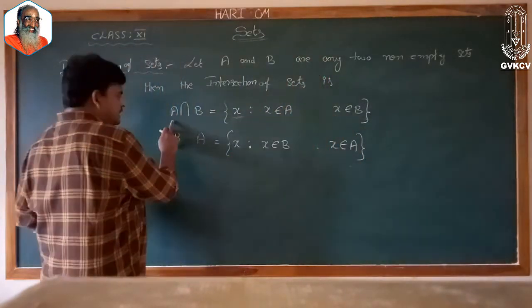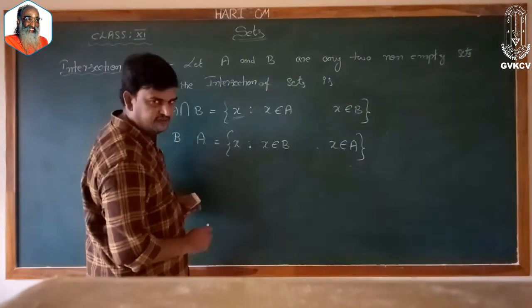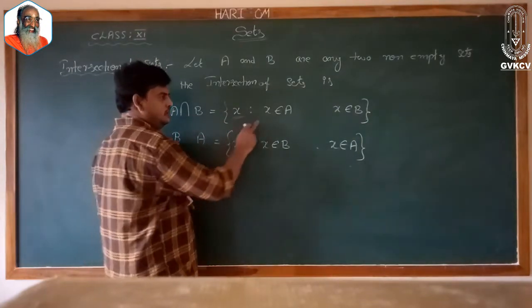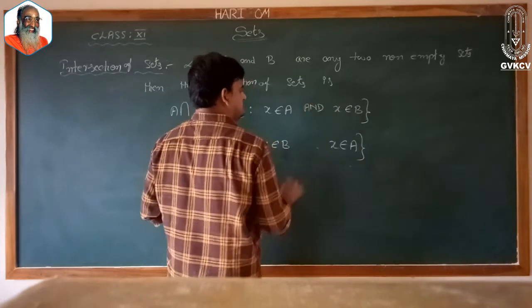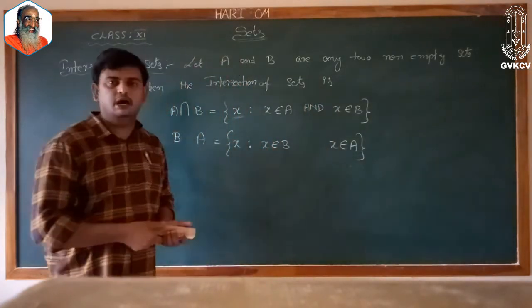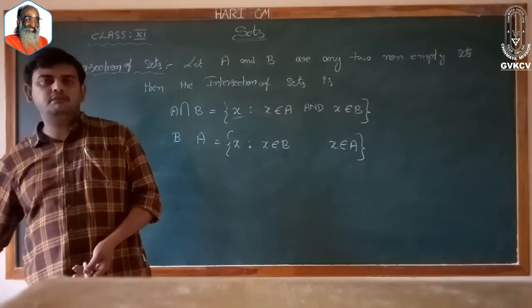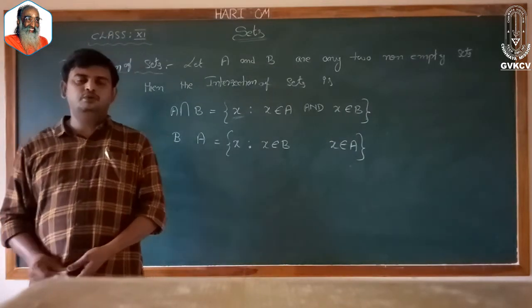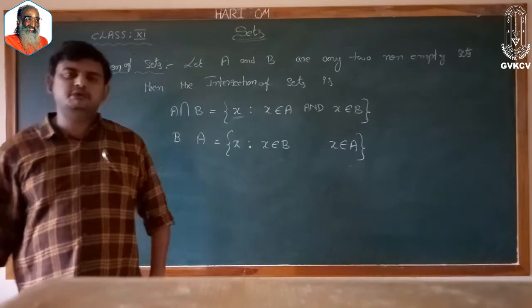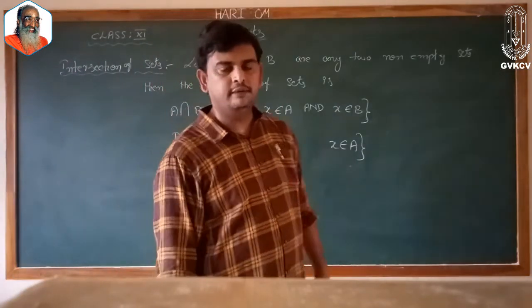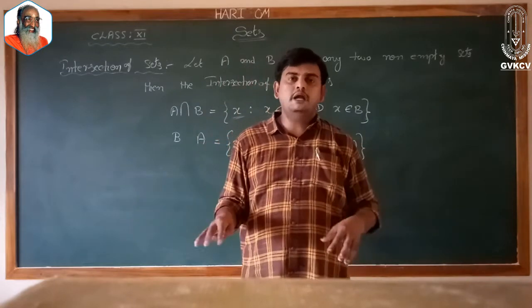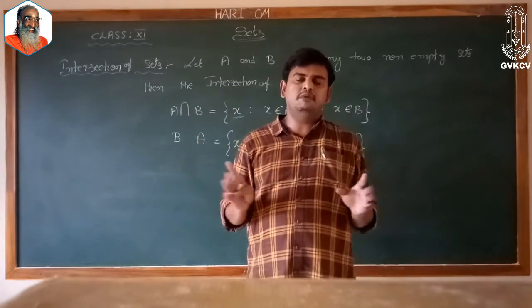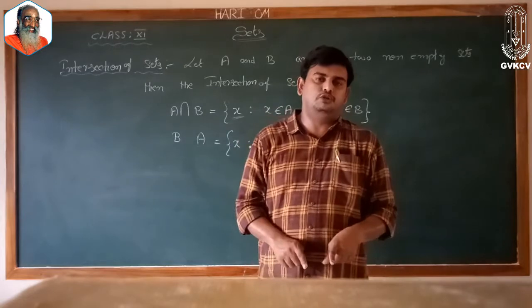So A intersection B, the definition is X such that X belongs to A and X belongs to B. Union means or, intersection means and. Union is either A or B, but and means the element has to be in both.